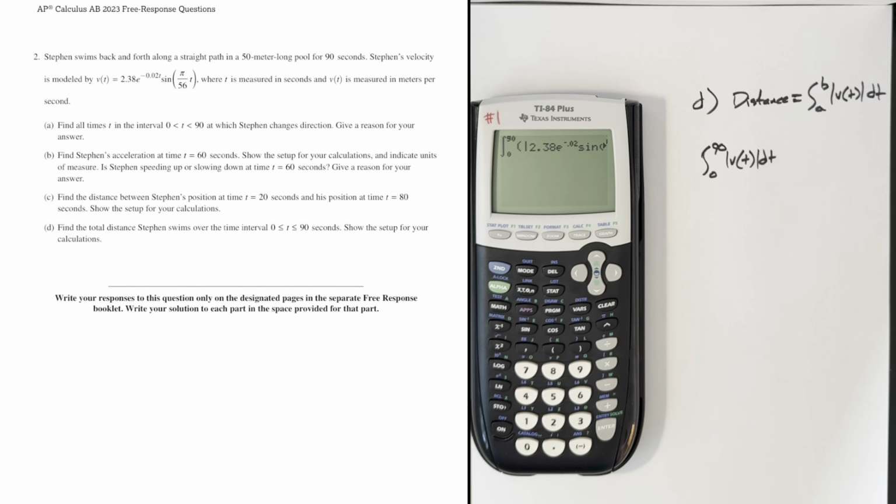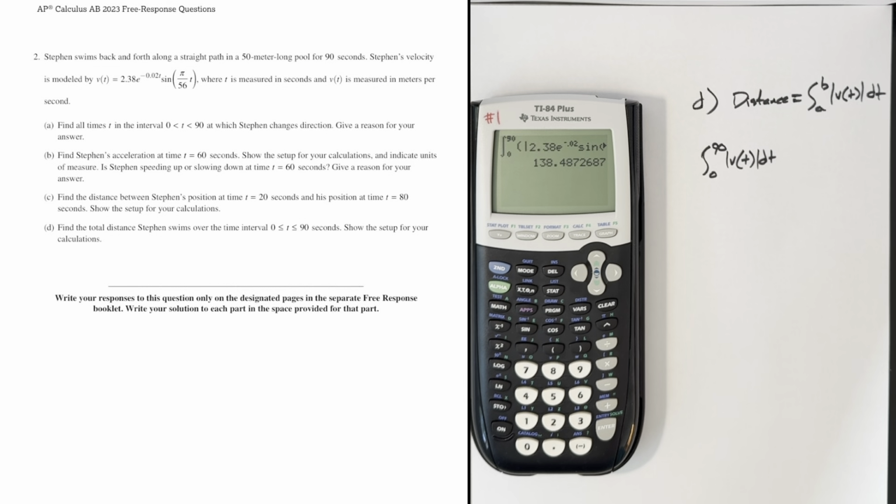It takes it a while. I don't know why, but it makes my calculator buffer whenever I try and do it. But there we go. We got an answer. So the correct answer to this one would be 138.48726. And that would be our final answer to this question.